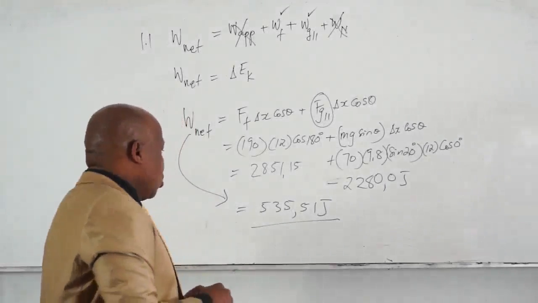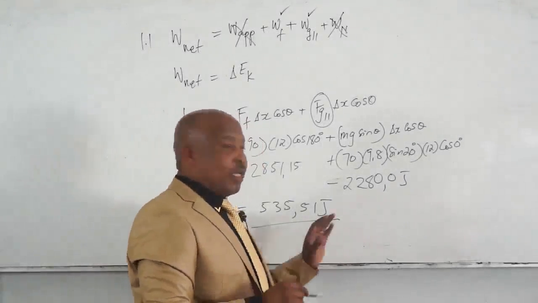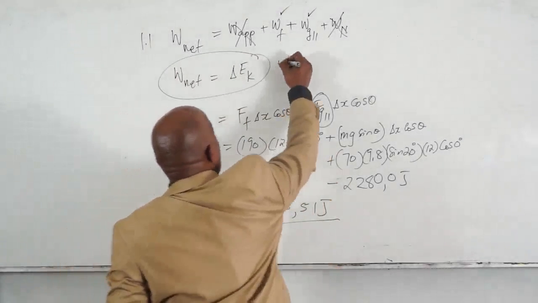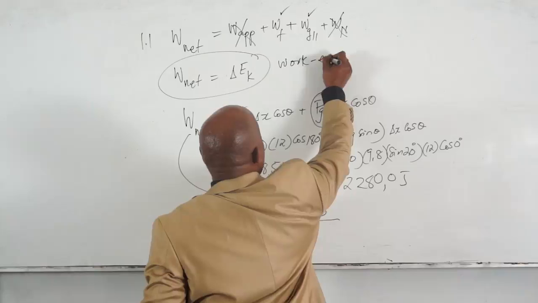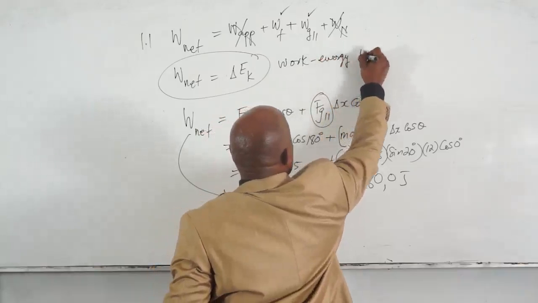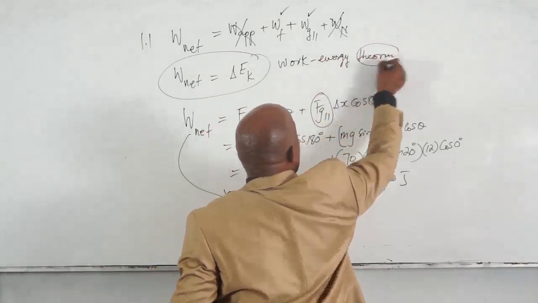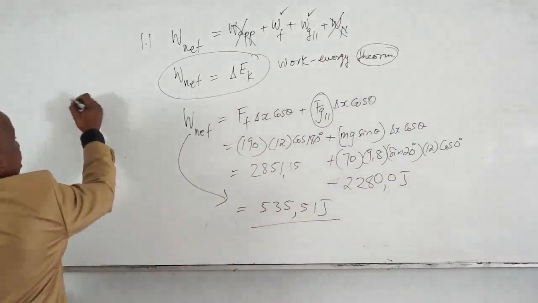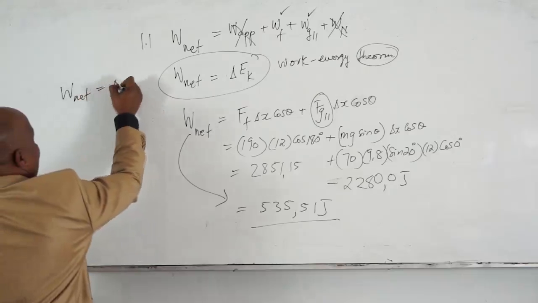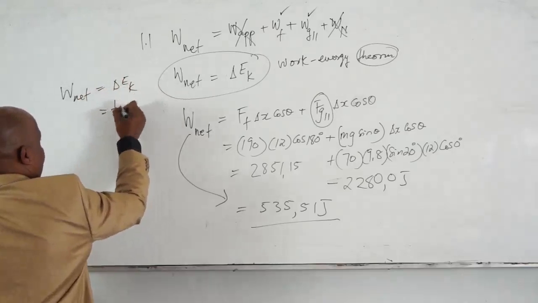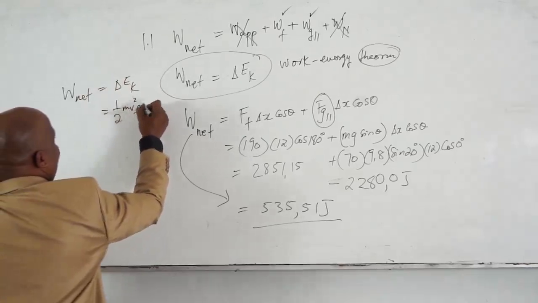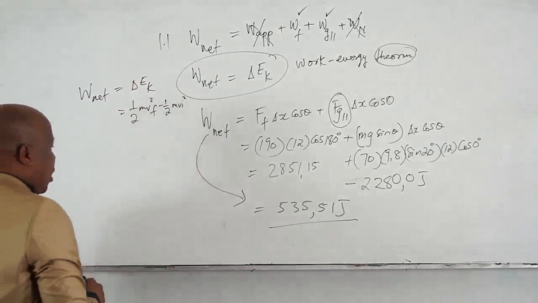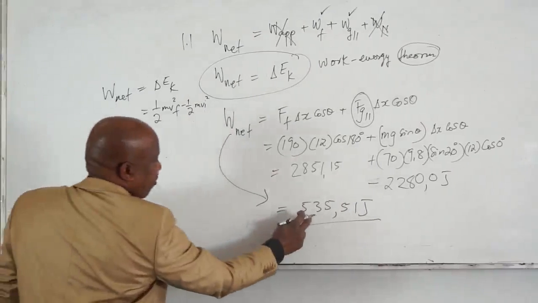Now in 1.2, they wanted us to calculate, they say use the work energy theorem. This is our work energy theorem. Remember, this is what we proved this morning, the work energy theorem. In our work energy theorem, remember our delta EK, let me write it this side. Delta EK is half mv squared final minus half mv squared initial. And then our W net, we found it here.